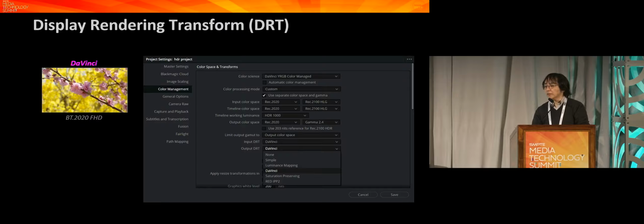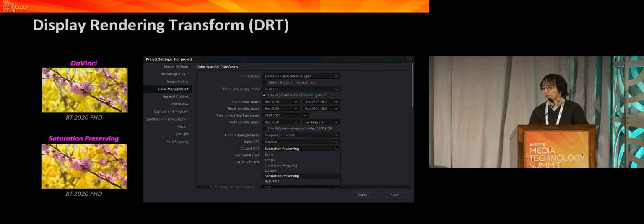One is the default DaVinci DRT, and the other one is a saturation preserving DRT. And as I expected, with the saturation preserving DRT, we can observe higher chroma in the image than with the DaVinci DRT.